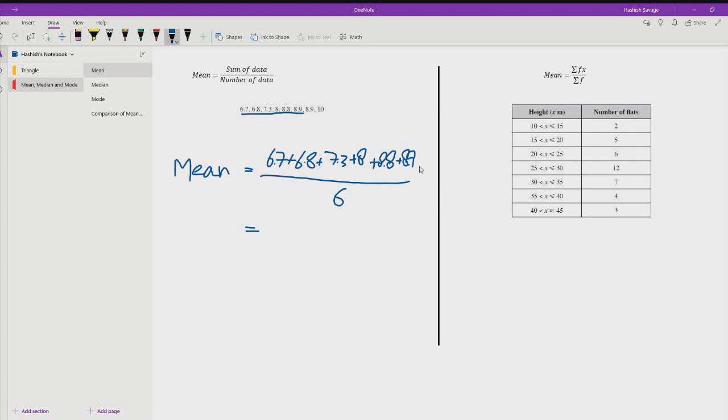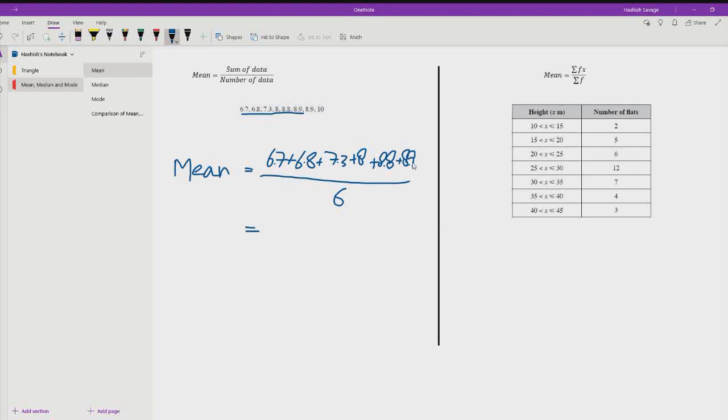Now just add whatever the total is. So 6 and 6, 12, 12 plus 7, 19, 19 plus 8, 27, 27 plus 8, 35, 35 plus 8, 43. Now add the decimal points: 7, 15, 18, 26, and 35. It means 3.5.